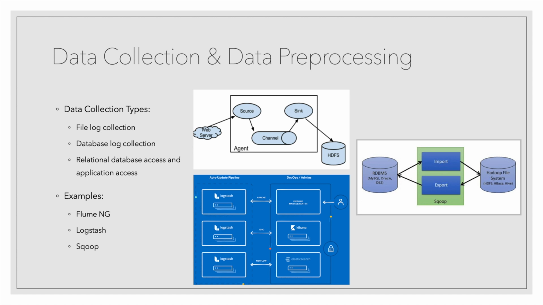Flume uses a three-tier architecture: the agent layer, the collector layer, and the store layer, each of which can be horizontally expanded. The agent contains source, channel, and sink.